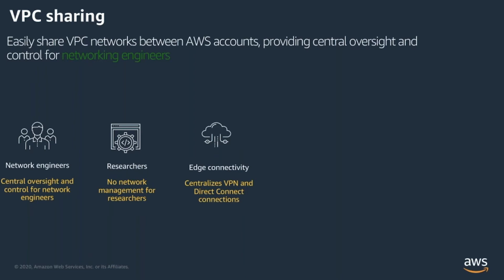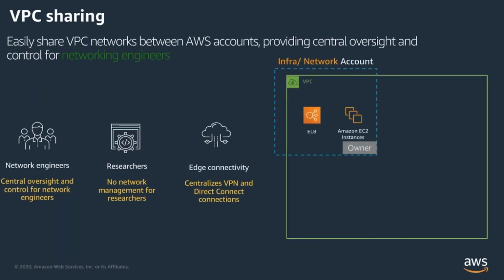So the way it works is, let's say the network team has a network account and they create a VPC. When they create the VPC, they enable all the network constructs. For example, they put in the load balancer, they set up the network ACLs, and any routing and VPC-level resources, basically. Since they create the VPC, they get the term as owner.